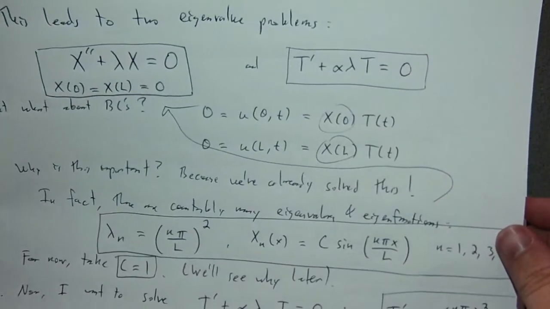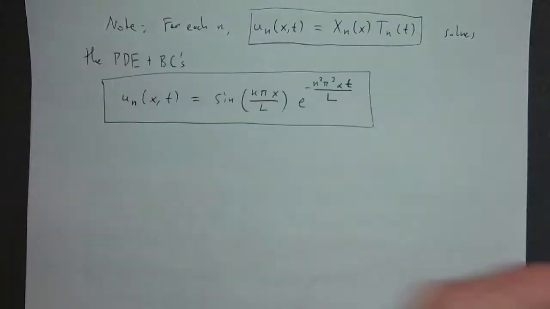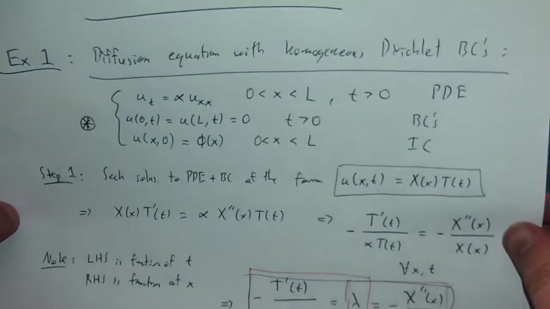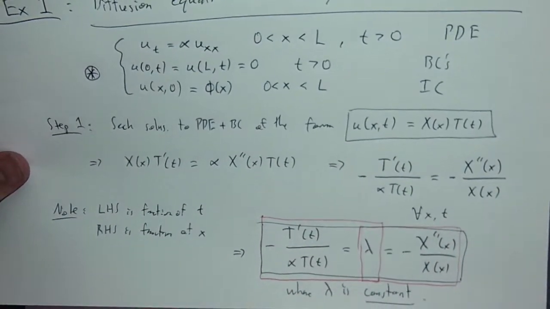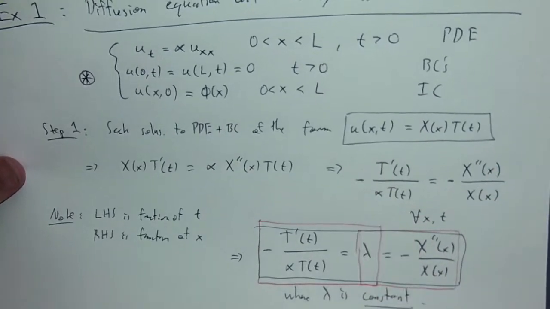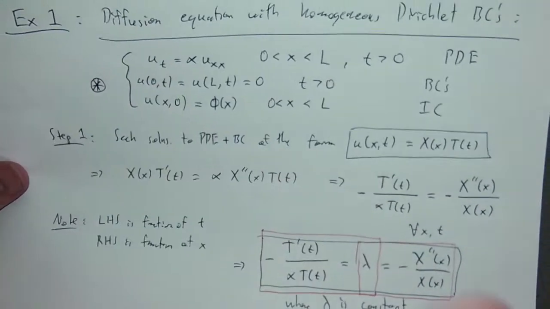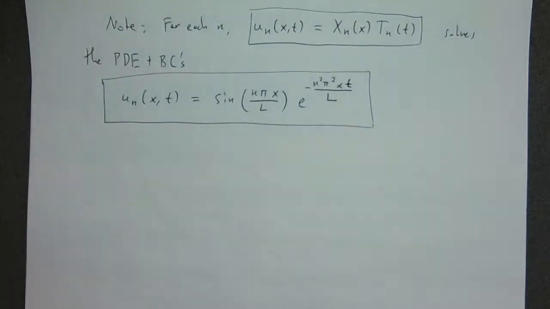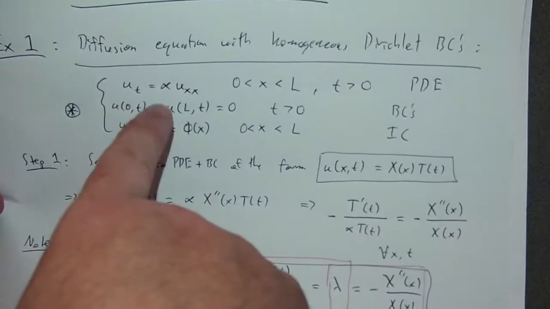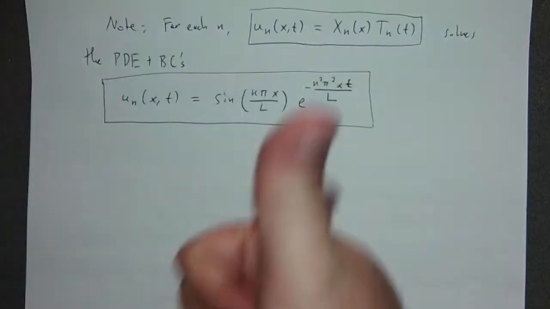X and t satisfy both of those. And if both of those are satisfied, working backwards here, what does this mean? Well then this relation is satisfied, which means this relation is satisfied, which means that the PDE is solved. Okay, you can also directly check if you don't believe this, right? Compute its t partial, compute its double x partial, and see that u sub t is equal to alpha u sub xx.